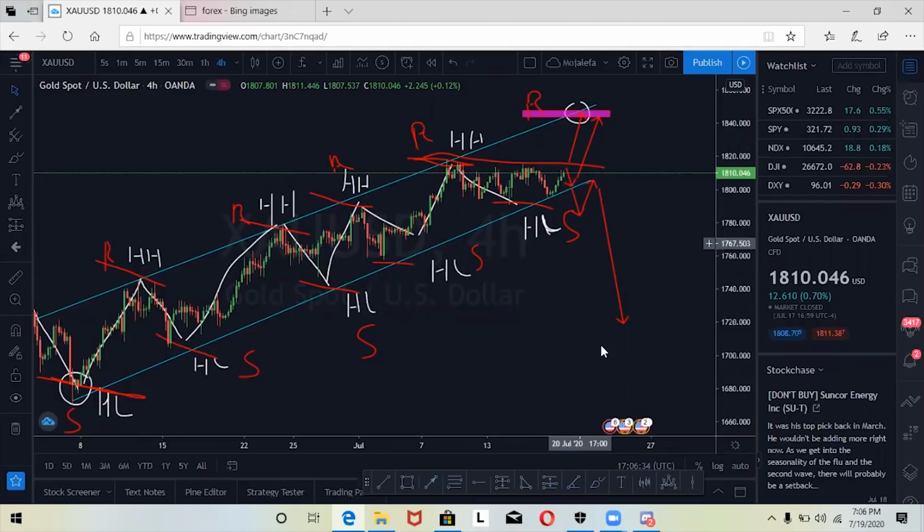I know a lot of you might ask me, why did you put those arrows there, indicating that the market may turn at this region?